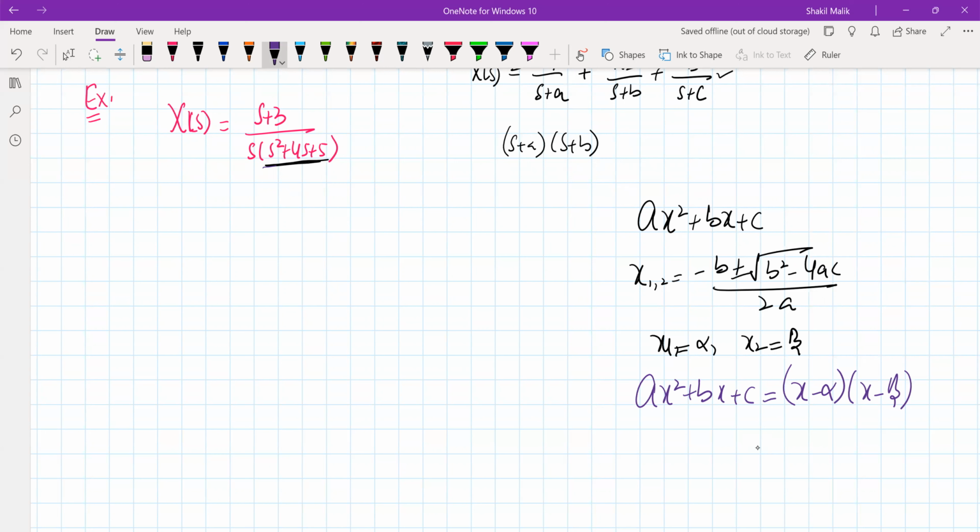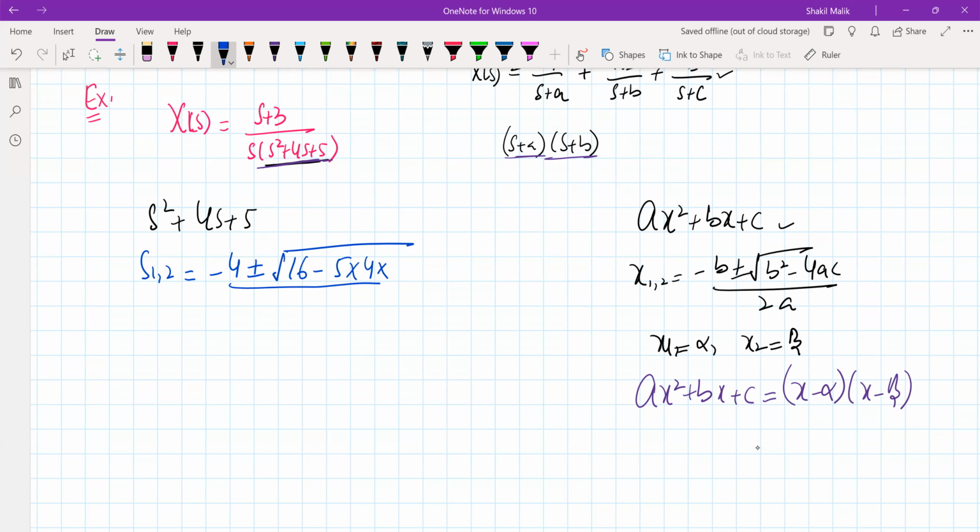So to bring this s square plus 4s plus 5 in this form, we'll find its roots. So we have s square plus 4s plus 5. If we compare it with this, we can write the two roots as minus 4 plus minus square root of 4 square, which is 16, minus 5 into 4 multiplied by 1 because a is 1, divided by 2 times 1.